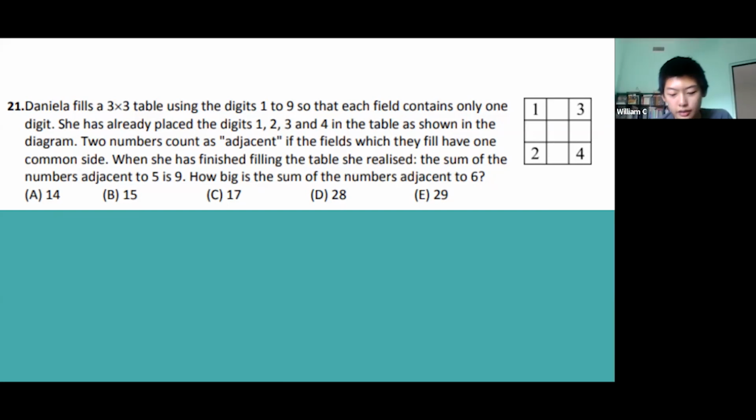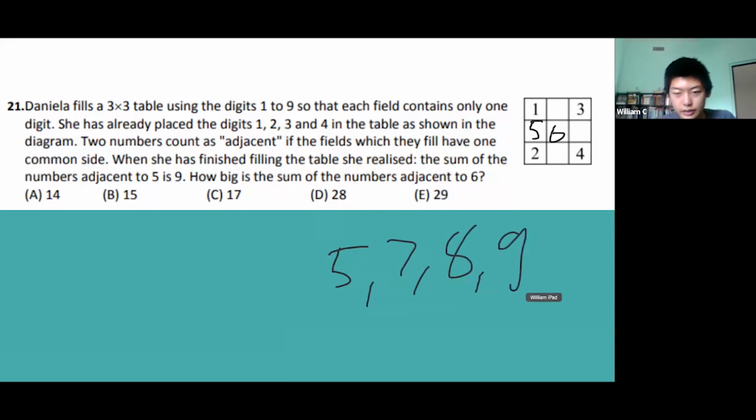Note that the smallest number of things something can touch right now is 3. And the number 9 is pretty small, so therefore 5 has to be here. This is because no matter where we put it, the number has to touch at least one of the numbers 6 through 9. Therefore, we place 5 here, 6 over here, which is the only method possible. Since 6 is in the middle, it touches 5, 7, 8, and 9. And so the sum is 29, E.